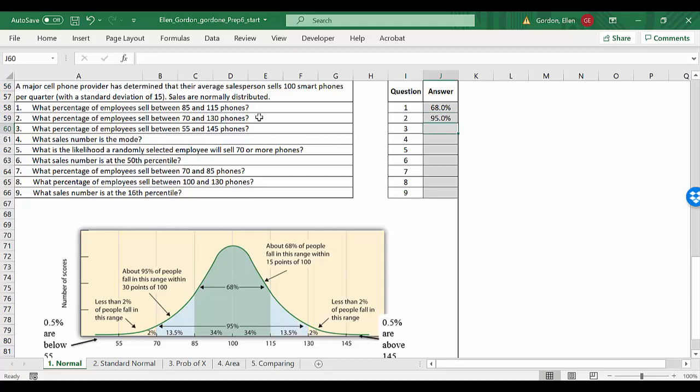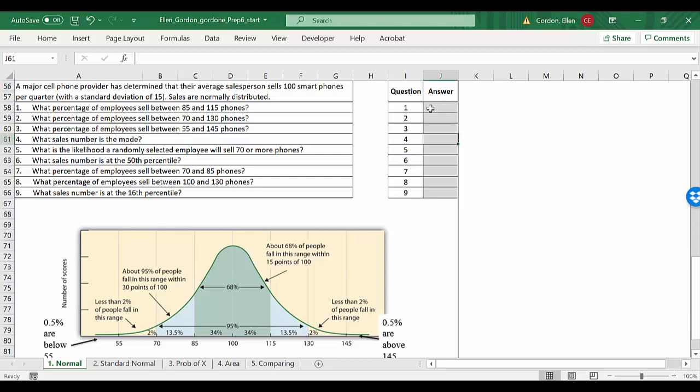The third question asks what percentage of employees sell between 55 and 145 phones, and that's roughly 99%. Again, 55 is 3 standard deviations below the mean, 145 is 3 standard deviations above the mean, and according to the empirical rule, 99% of employees are within 3 standard deviations.